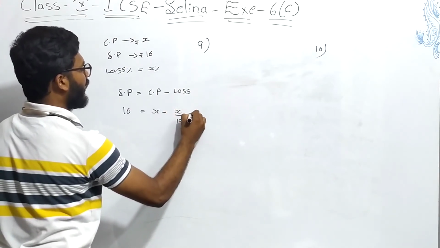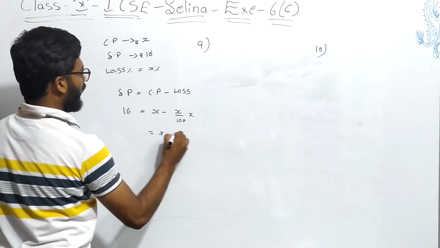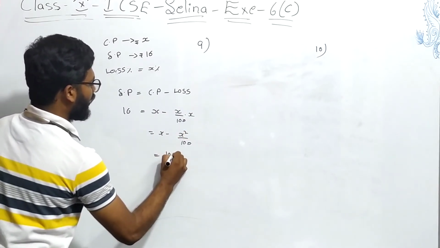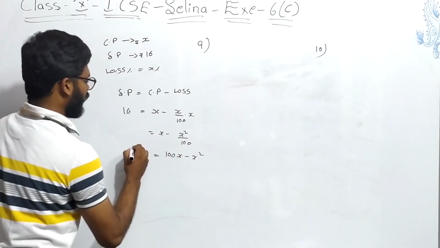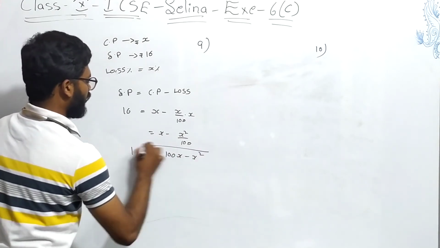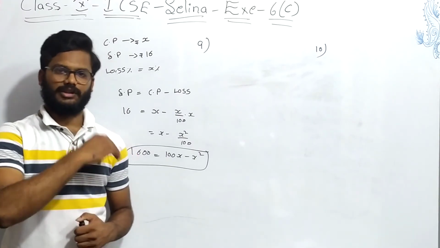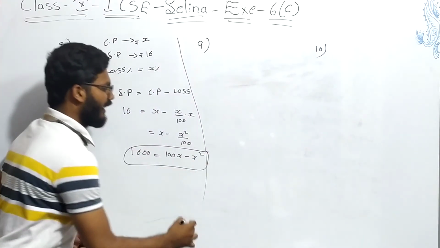So x by 100 into x. So x minus x square by 100. So here we will get 100x minus x square is equal to 1600. So x square minus 100x plus 1600 equal to 0. That is what we will get in the 8th problem.